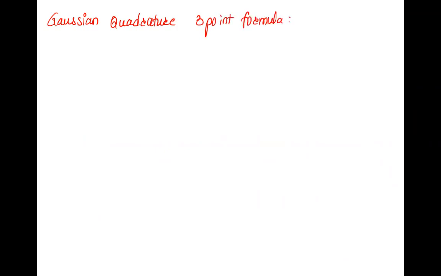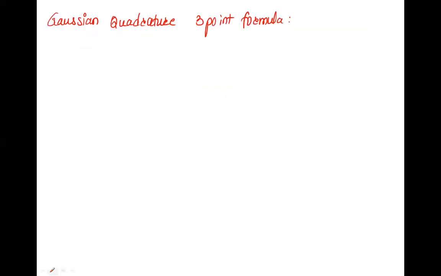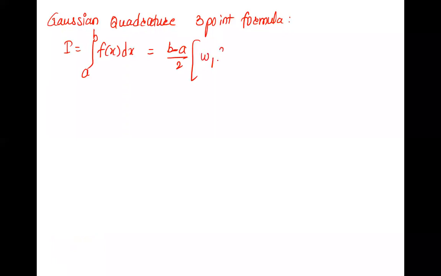The formula is integration a to b f of x dx is the same as (b minus a)/2, same as 2 point, and there will be w1 f of x1 plus w2 f of x2 plus w3 also, as 3 points. So n is up to 3. So w3 f of x3.